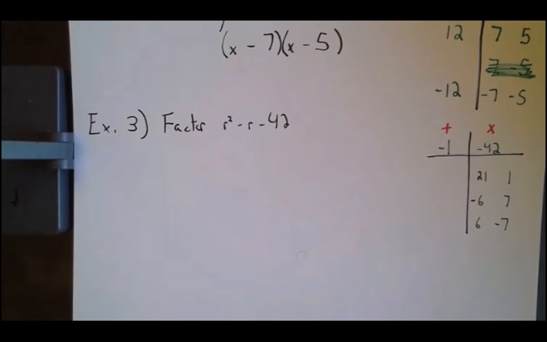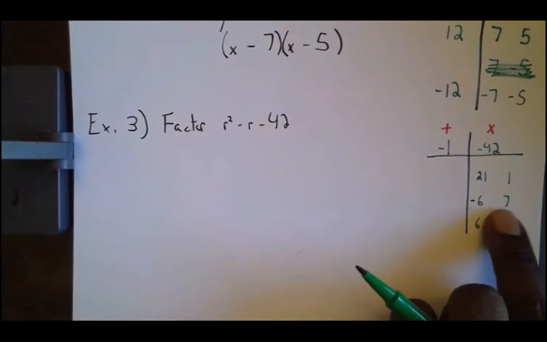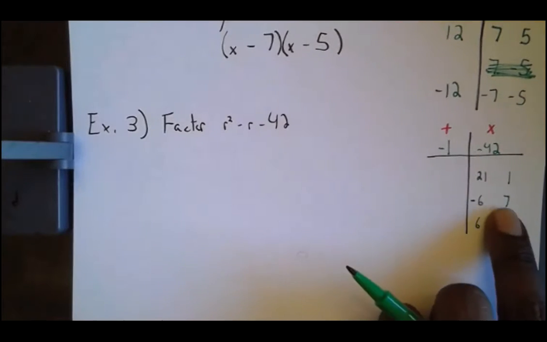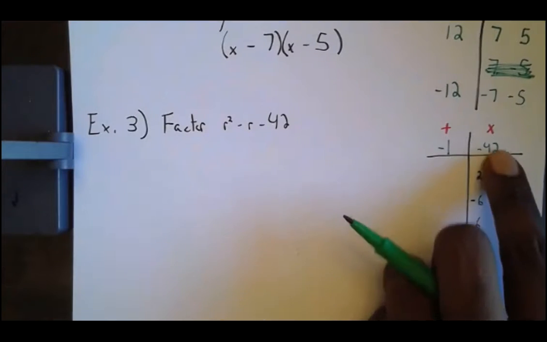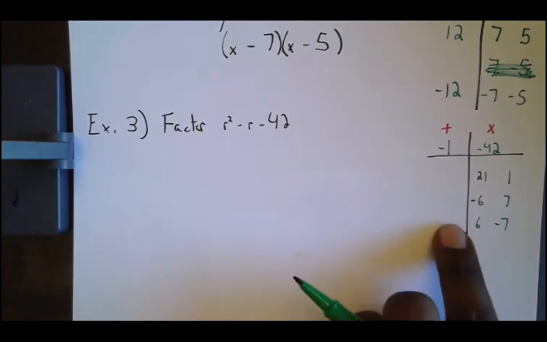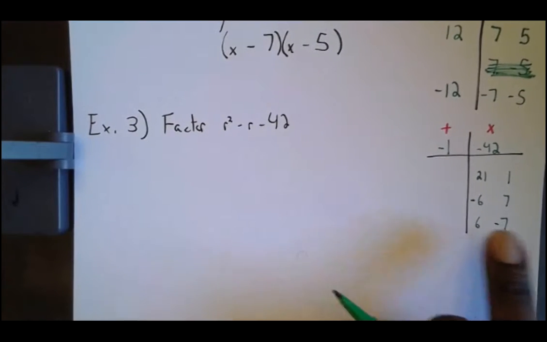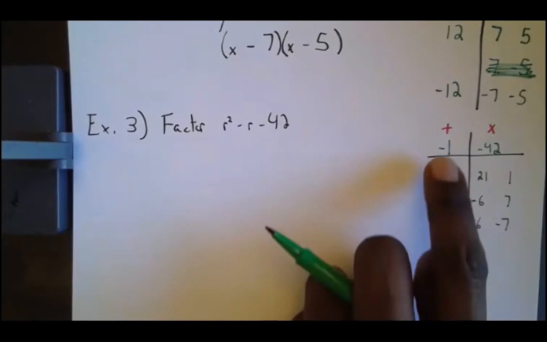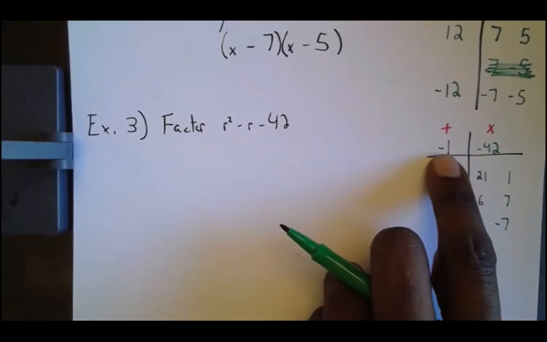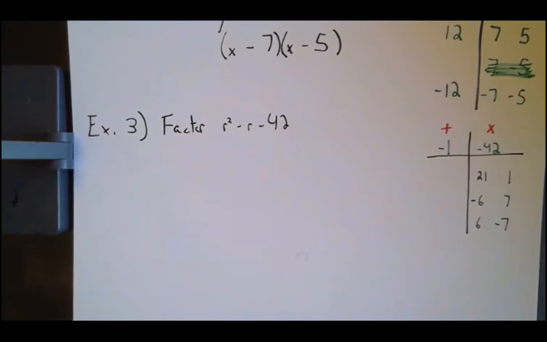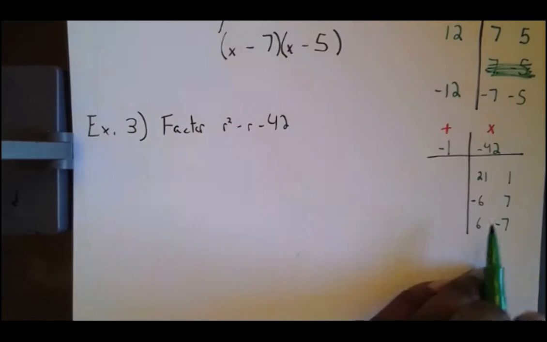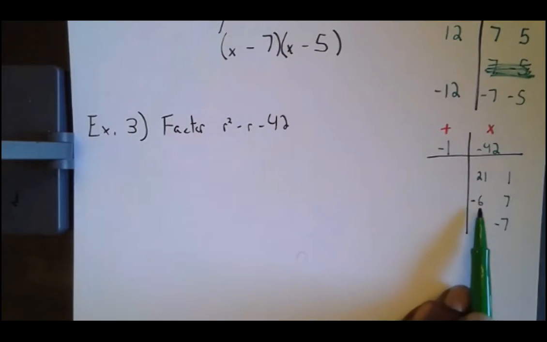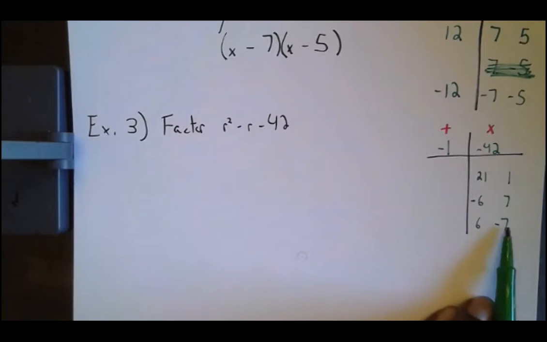And the reason why we would do that is because both of these multiply to negative 42, but they will add to different numbers. So I need to represent both of these so that I can see which one is going to add to a negative 1. So Angela, looking at both of these, can you tell me what this one adds to and what this one adds to?